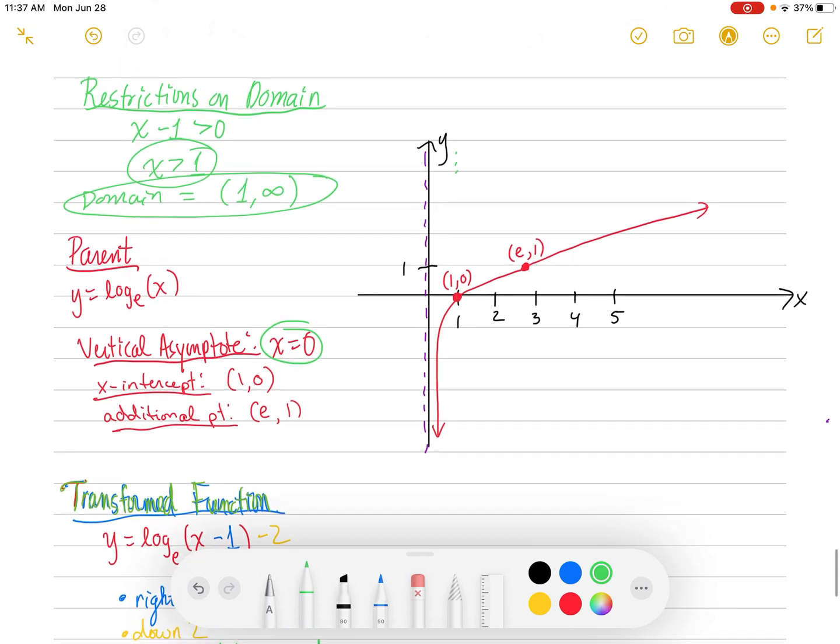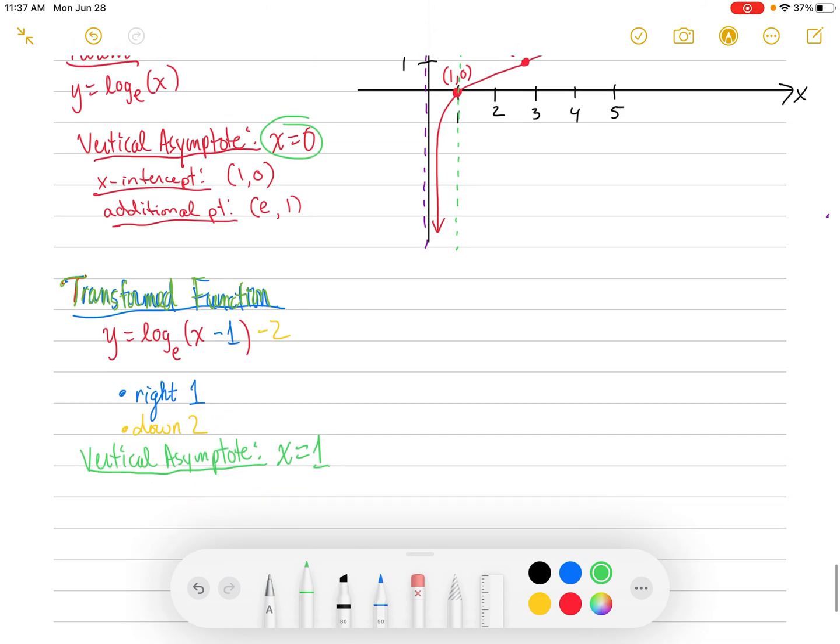So what you're going to do, you're going to add 1 to that. Why? Because you're shifting everything right 1. So if you shift everything right 1, that means 1 is being added to the x value. So we're going to get x equals 1. So the vertical asymptote here is going to be over at x equals 1. Okay? So that is the new vertical asymptote for our new function.